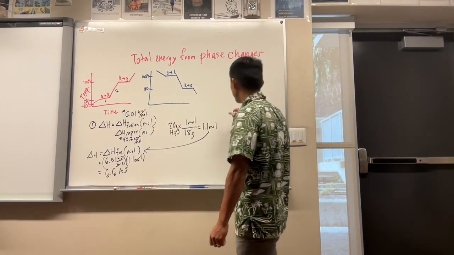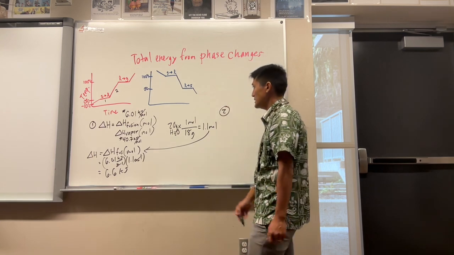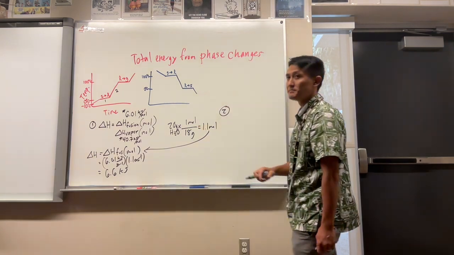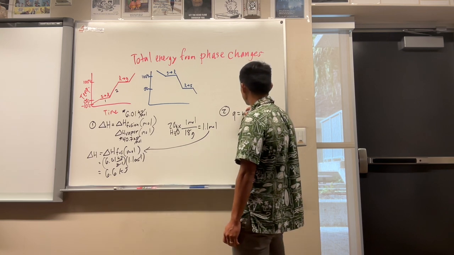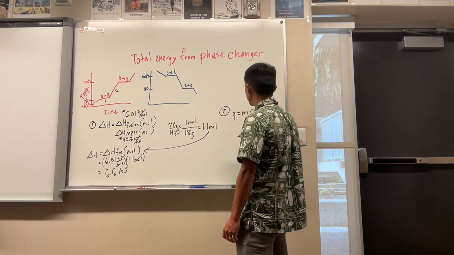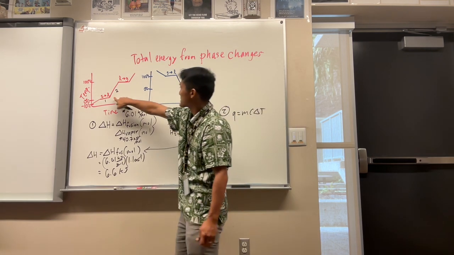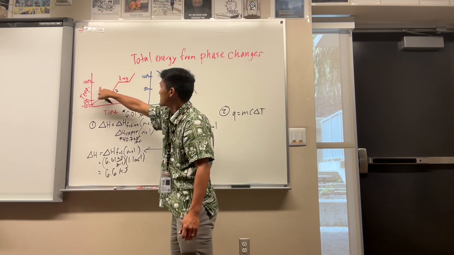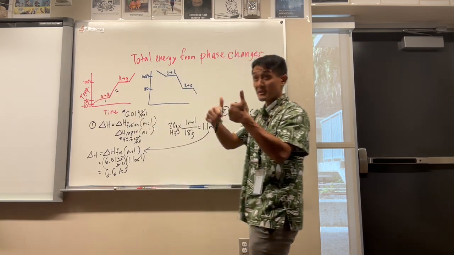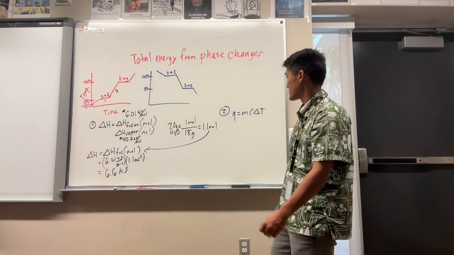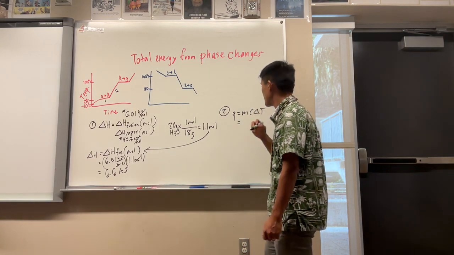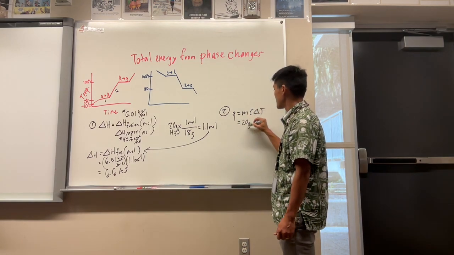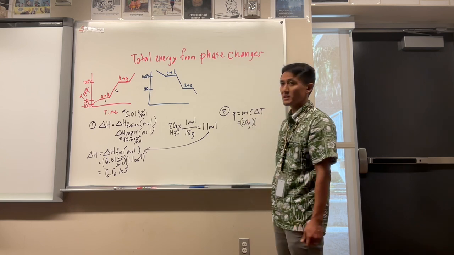Okay, step 2. Can I use Q equals mcΔT? Yes, because I have a change in temperature for this leg where I'm raising it to 80 degrees. So let's plug in stuff for that. What is my mass? 20 grams. What is the specific heat of liquid water?